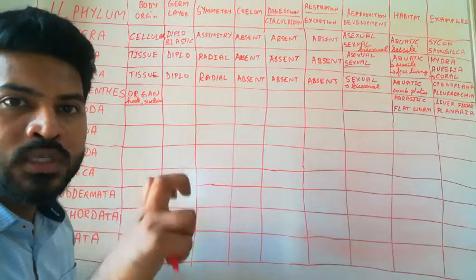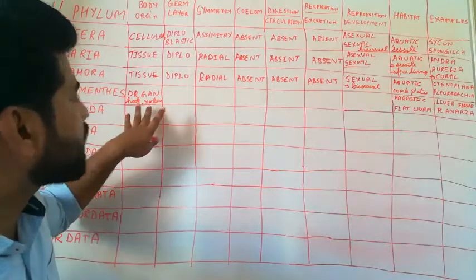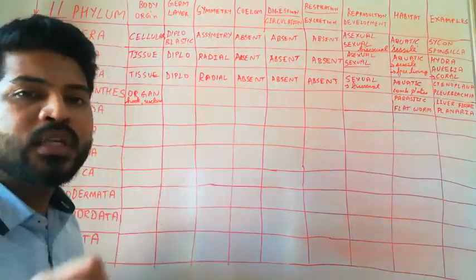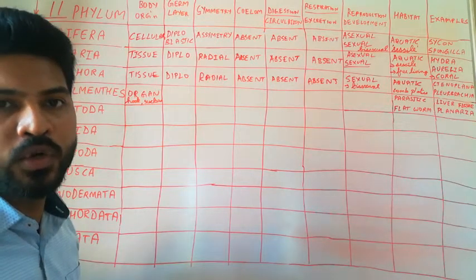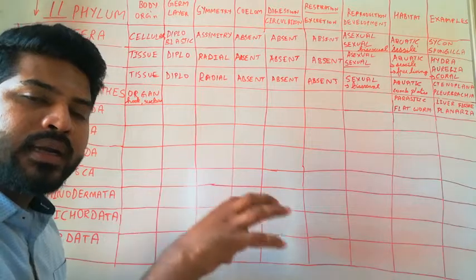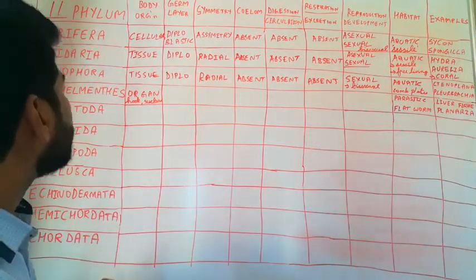So they have hooks and suckers to attach themselves. These suckers will also help to absorb nutrition from the body of the host. They can use suckers or directly absorb the nutrients from the animal.